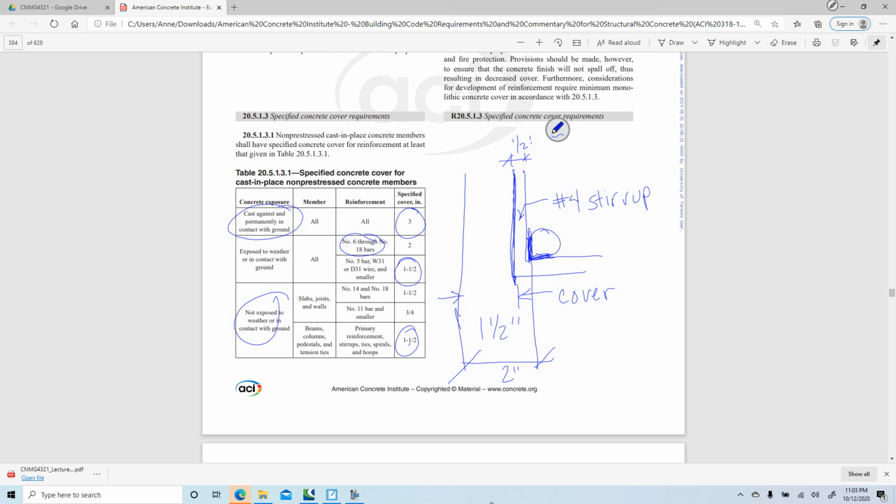So really, this is a geometry problem. Just draw things and add in dimensions and you'll figure it out. So generally 1.5 inches is what we're looking at, unless we're talking about like a footing.